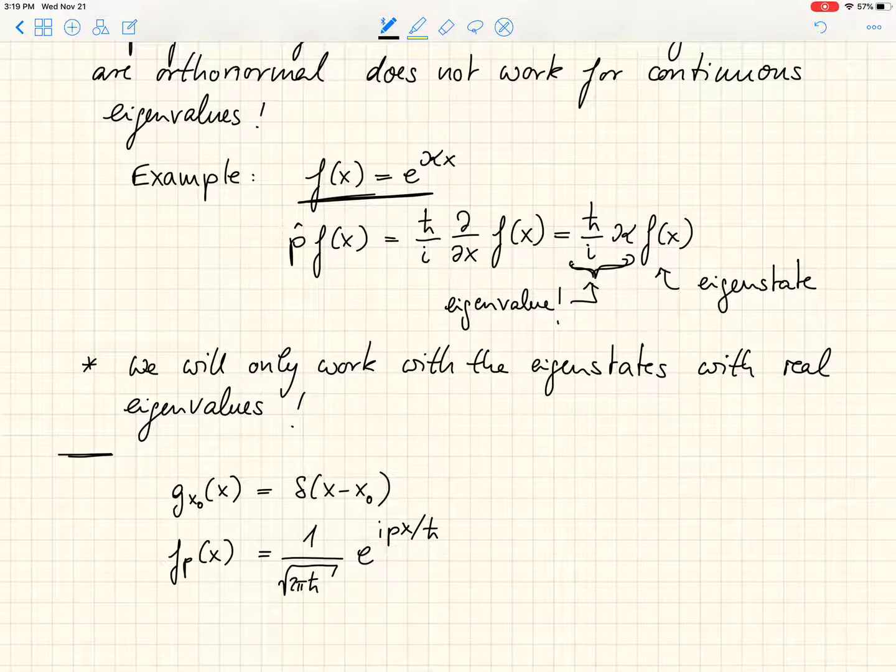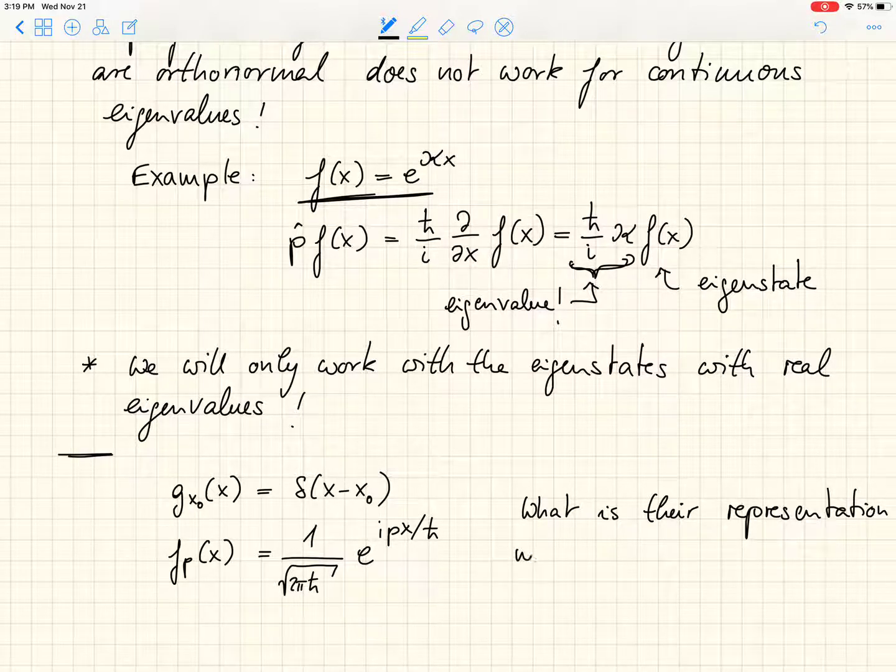You could ask what is their representation in momentum space.